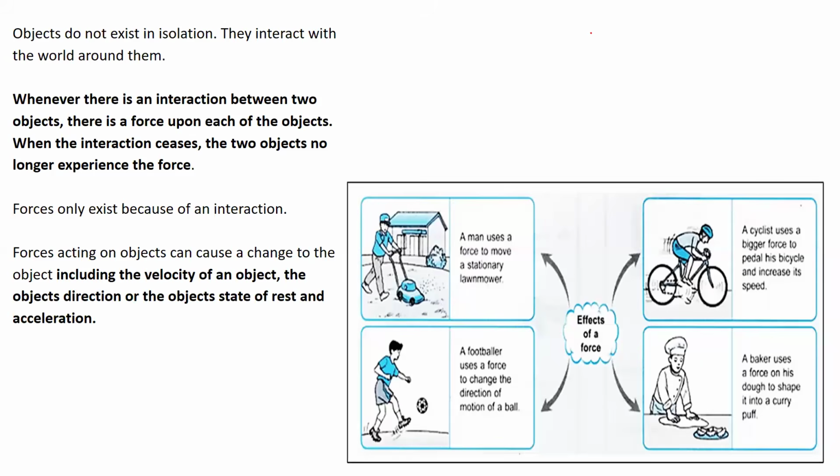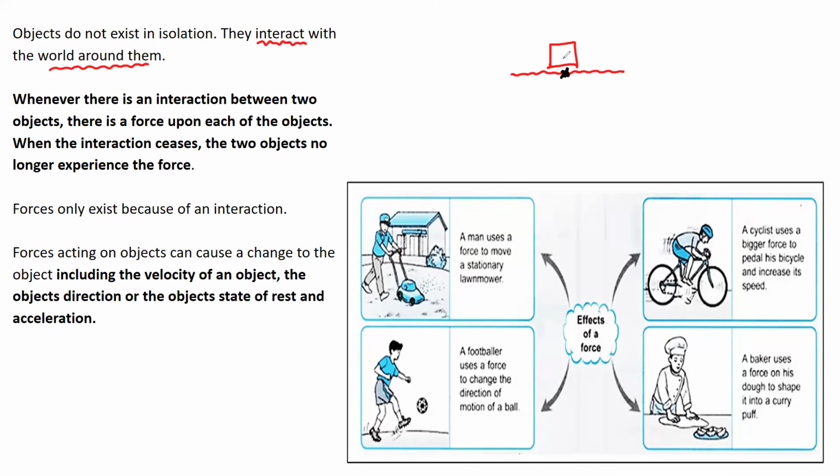To begin with, when you're dealing with application of Newton's laws, you first have to consider that any object does not exist in isolation. Objects are always interacting with the world around them. If you've got an object on a horizontal surface, there is an interaction between the surface and the object.